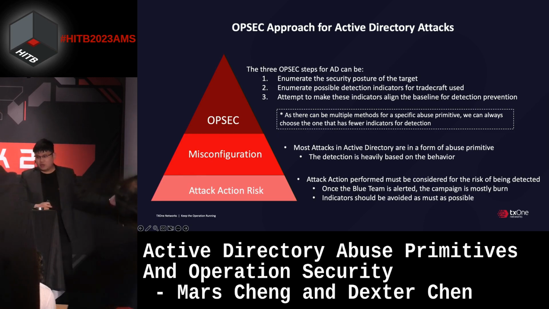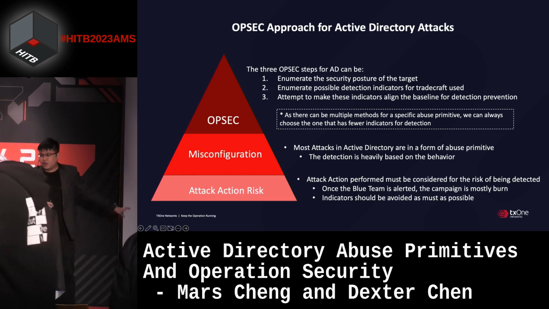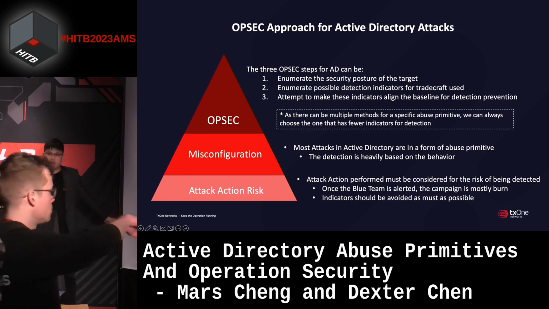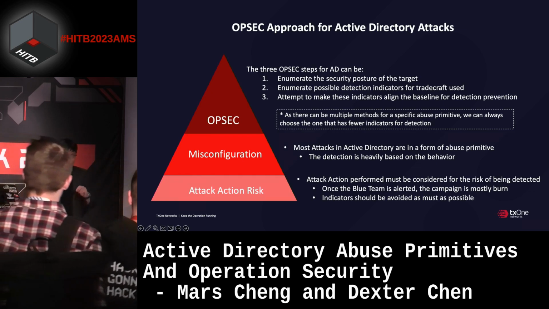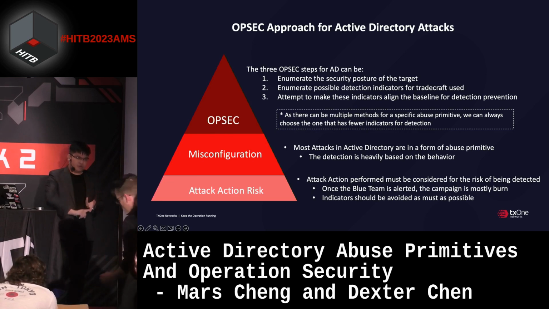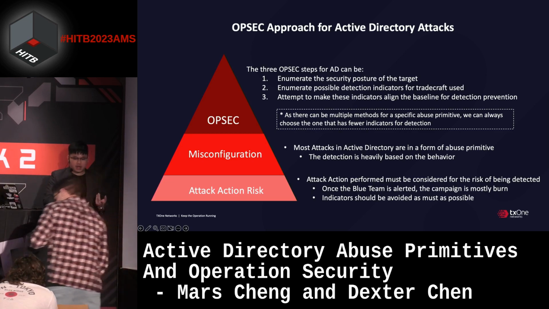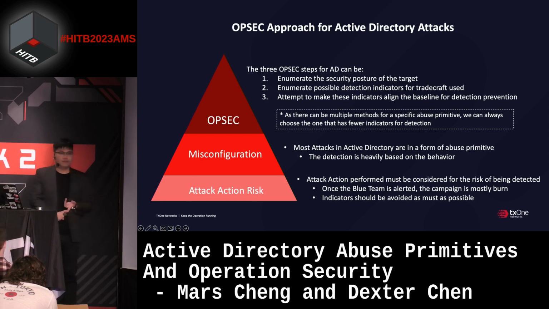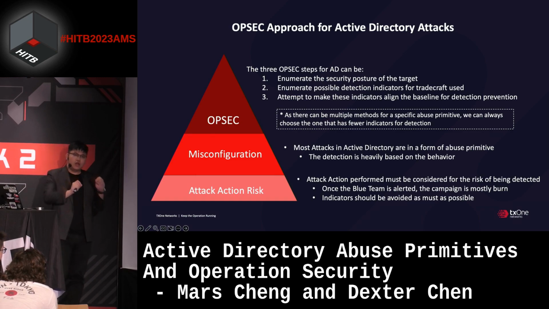So we have this primitive, and in the bottom layer is the core concept of operation security. We know that every attack action performed carries risk of being detected, so when we perform an attack, we need to know whether the operational action can be detected by the blue team. Attackers usually use primitives or misconfigurations to compromise Active Directory, and when those misconfigurations are abused, detection indicators may appear.